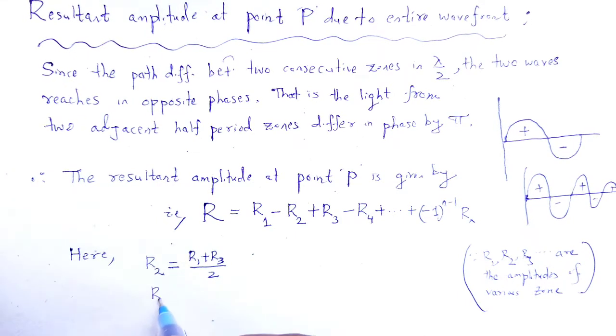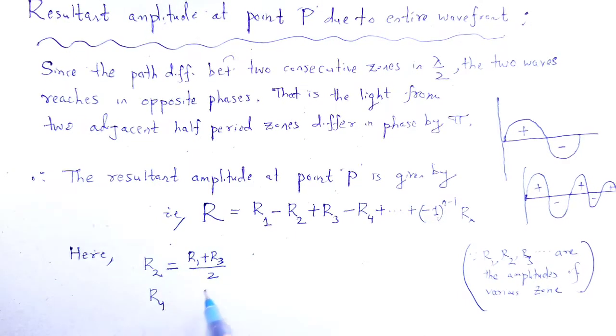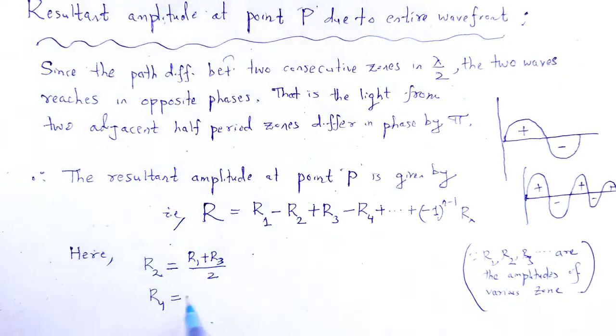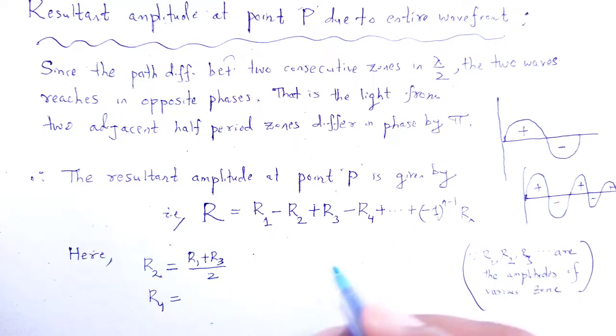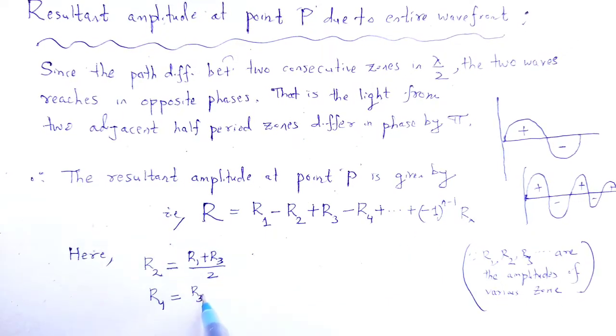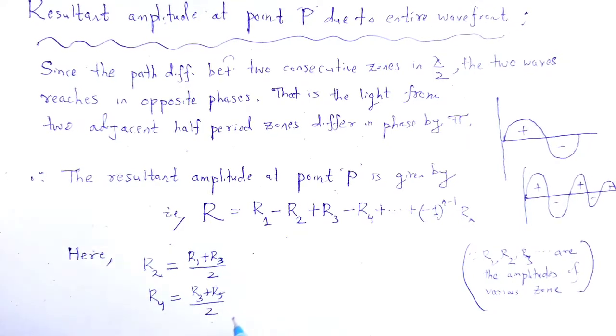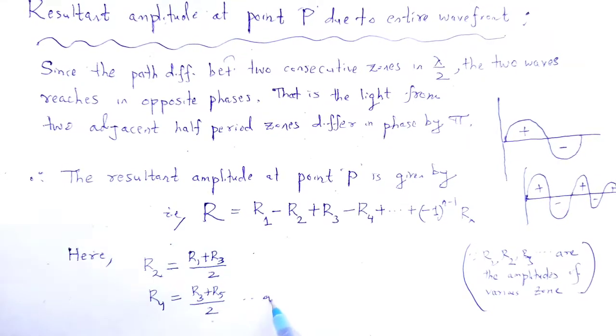Next, R4 is equal to R3 plus R5 divided by 2, and so on.